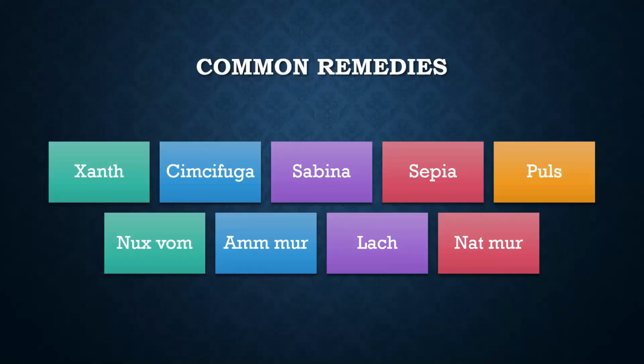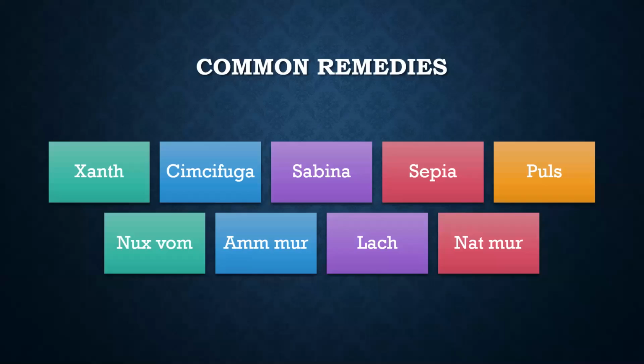Pulsatilla, pelvic pain during periods. There will always be chills along with it, and restlessness and tossing in the bed in the patient with Pulsatilla. Nux vomica, rectal pain during menstrual cycle, ineffectual urging for stool is available in Nux vomica. Ammonium mur and Lachesis are actually a little similar, related to endometriosis with bleeding per rectum during menstruation.